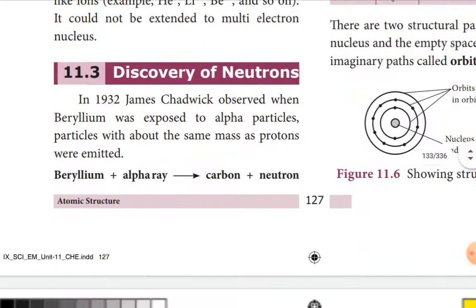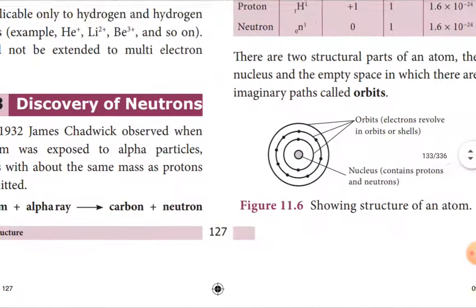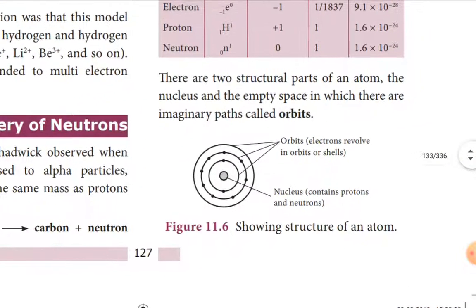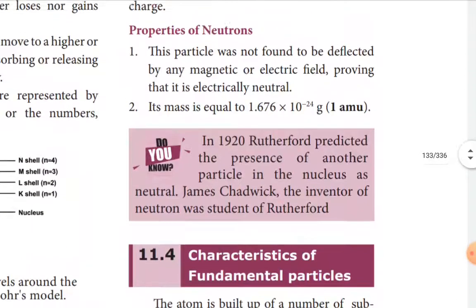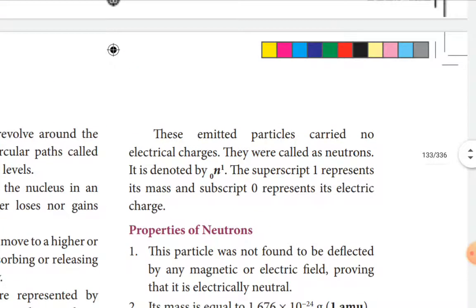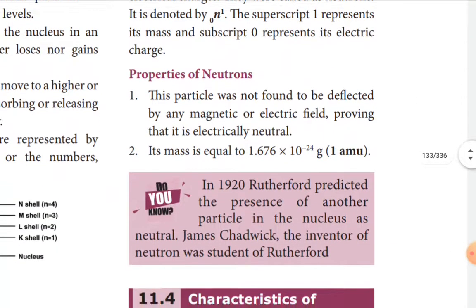Then the discovery of the neutron by James Chadwick. He bombarded beryllium using alpha particles and collected a chargeless particle, the neutron, and he proved that it contained no charge using magnetic and electric fields.